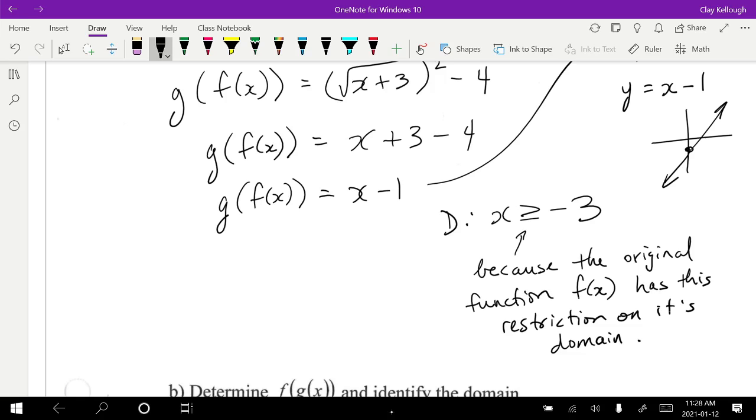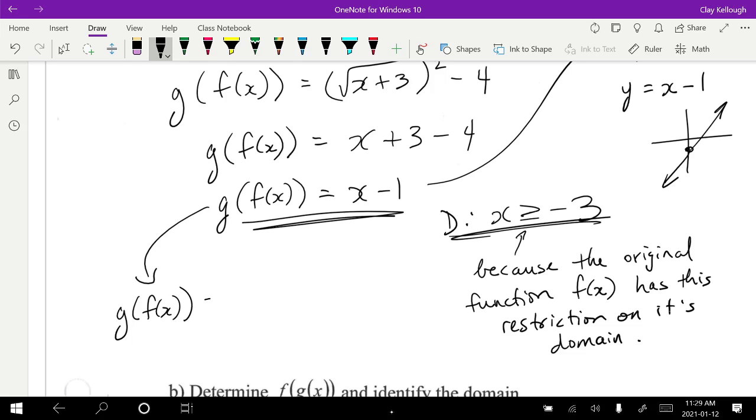When I put together a composite function made of two other functions, the composite function has to have the same domain and range restrictions, maybe even more so than the original functions did, right? So the exact right answer for g of f of x, if you looked at an answer key for a textbook, would say this, and then it would put that restriction. So you have to state the restriction.